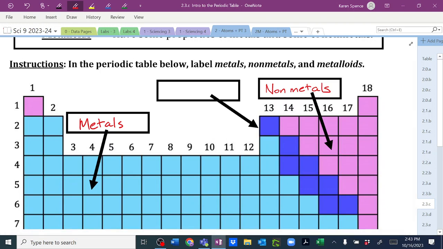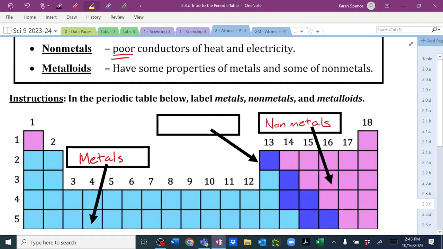In between the metals and the nonmetals, we have these things called metalloids. They have some of the properties of metals. They tend to be shiny-ish, but not as shiny as metals. They also tend to conduct, but not as well as metals. And when they bond with other elements, they bond like nonmetals. So they do some things like metals, they do some things like nonmetals, and those are called the metalloids.